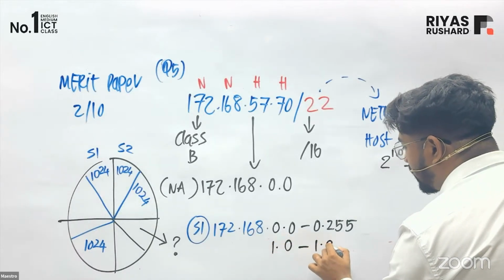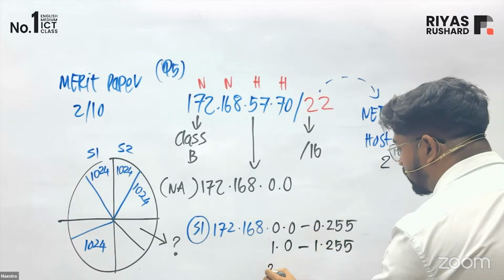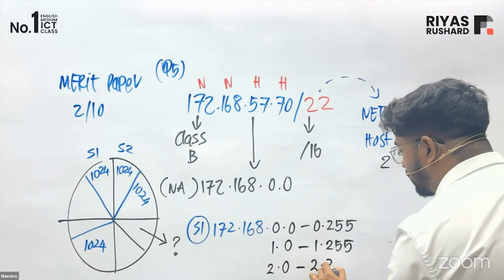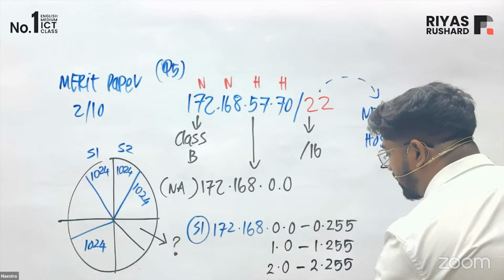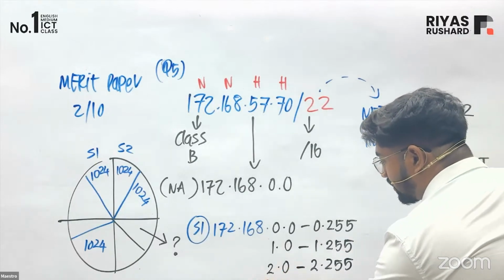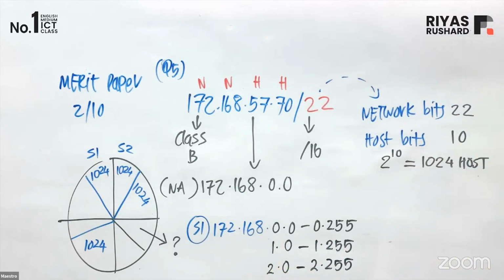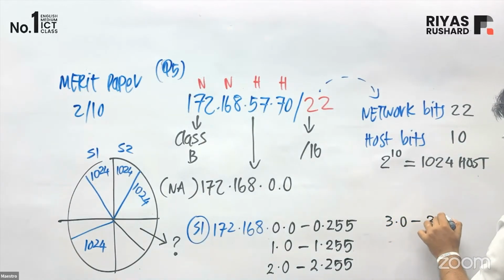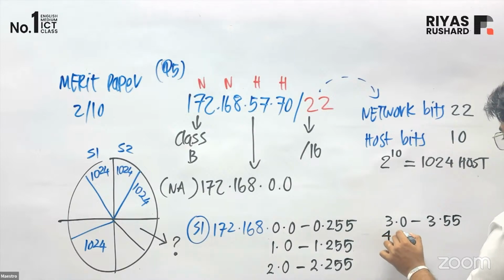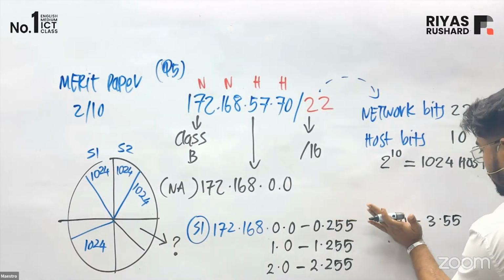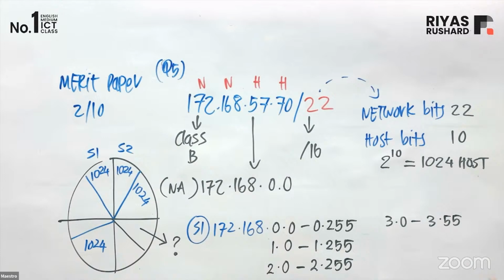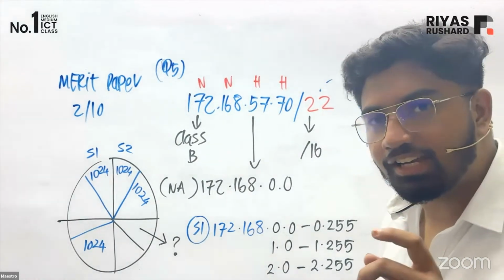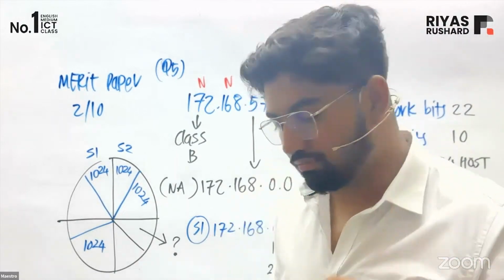1.0 to 1.255, 2.0 to 2.255, 3.0 to 3.255, 4.0 to 4.255. Subnet number 1 needs 1024 computers.